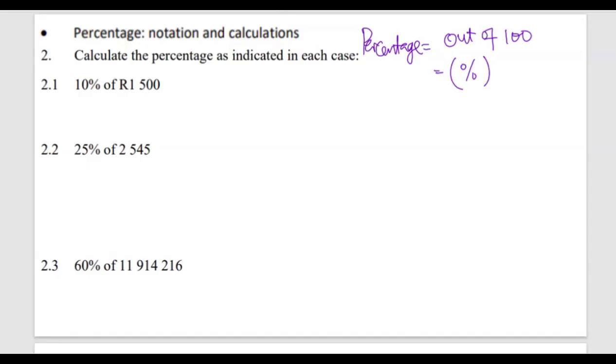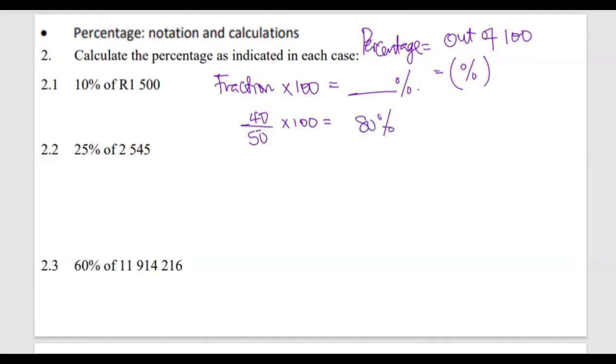Now, when we're converting fractions, usually we have a fraction and we multiply it by 100. The answer we get is a percentage. Example: 40 out of 50 as a percentage. This will become 80%. So simply, 80% of 50 becomes what? 40.